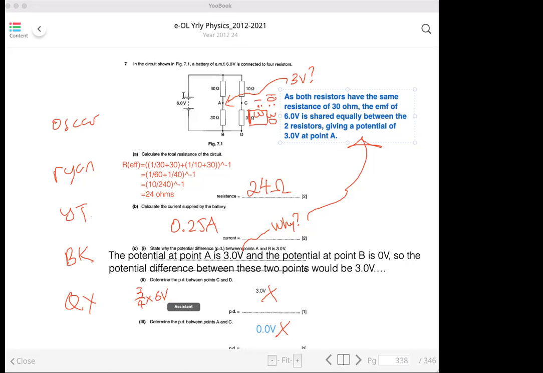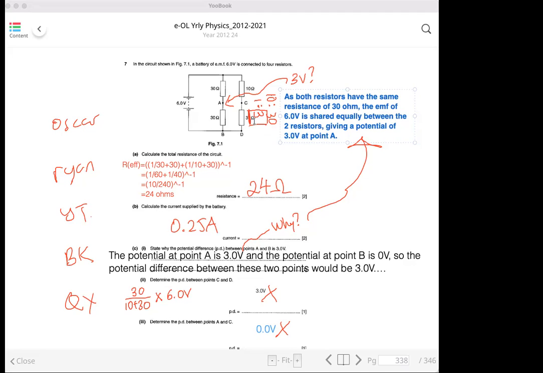Is that clear? Okay, this working is not so good. Maybe I can write something like this. It is 30 over 10 plus 30, multiplied by 6 volt. This 30 here is this 30 ohm resistor. The 10 plus 30 is the total of these two.